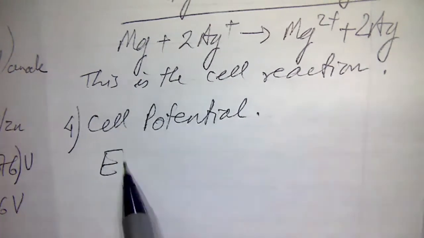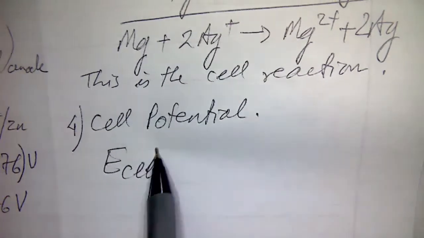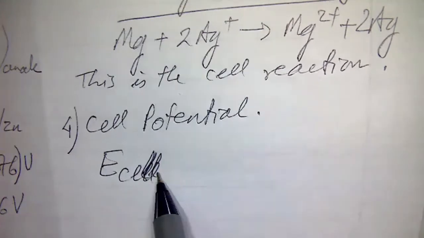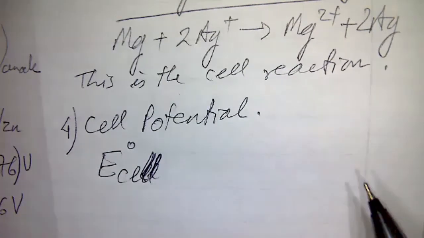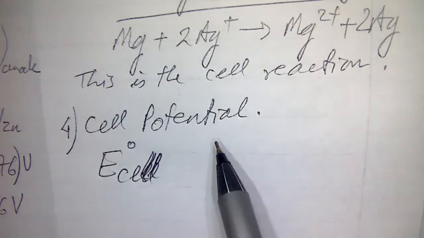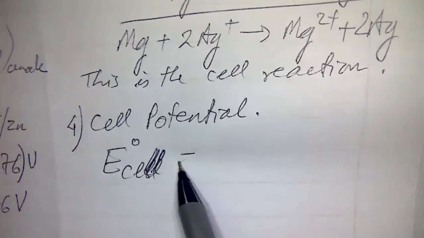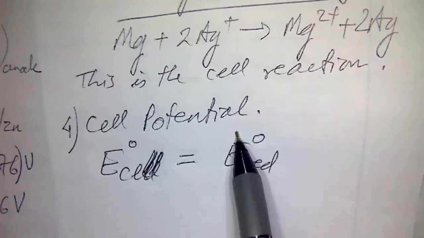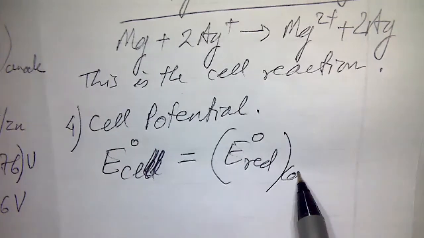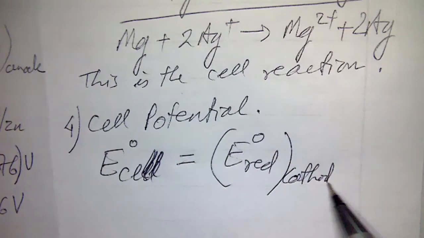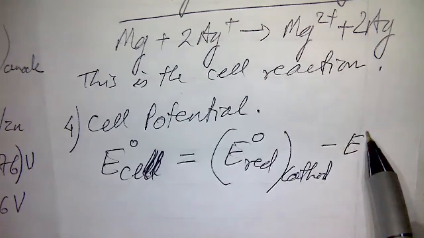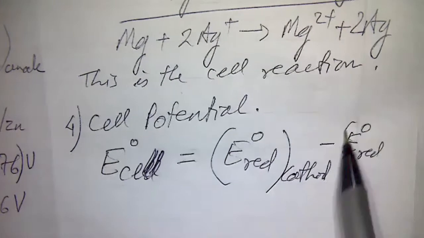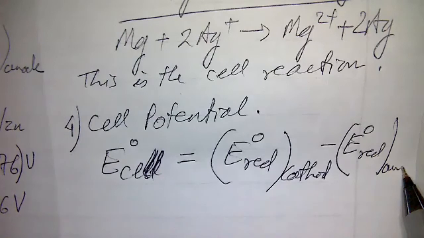Use the formula E cell. E naught of the cell. How will you find? E naught of the cell is equals to E naught reduction of cathode minus E naught reduction of anode.